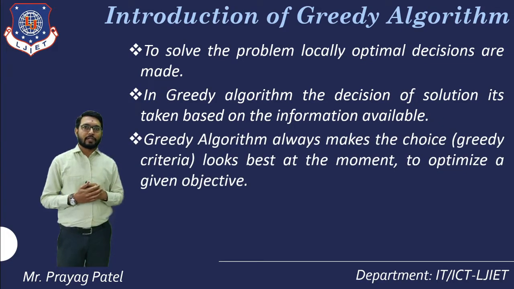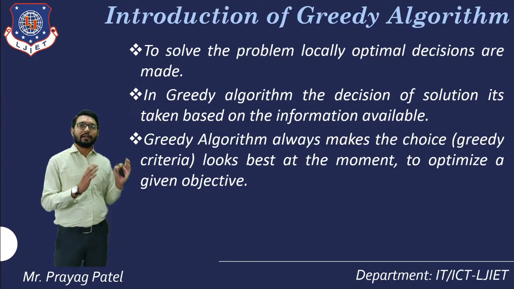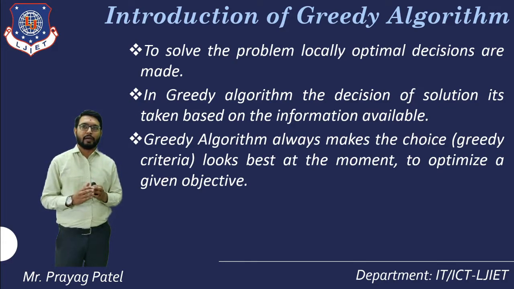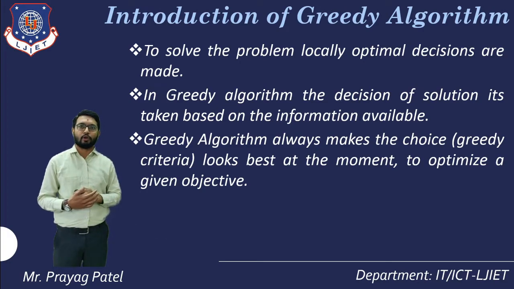A greedy algorithm always makes the choice that looks best at the moment to optimize a given objective. It means that to solve any problem, you consider the locally available solutions, and out of all the available solutions at the moment, you consider the best one as the optimal solution.